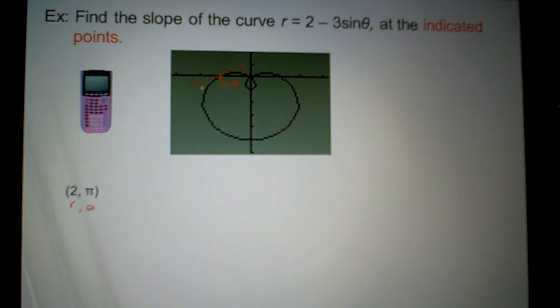So I can use the formula on the previous slide and plug in pi to that formula, or I can use my calculator.